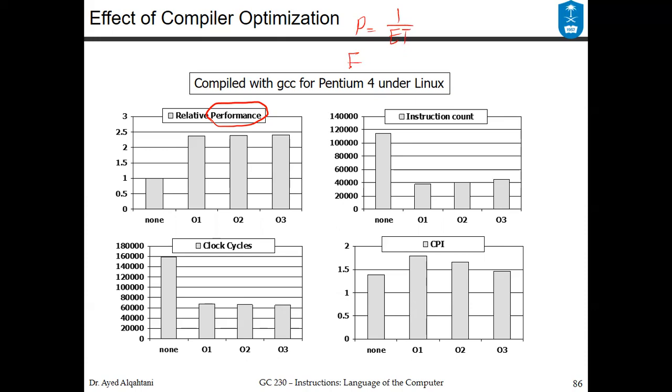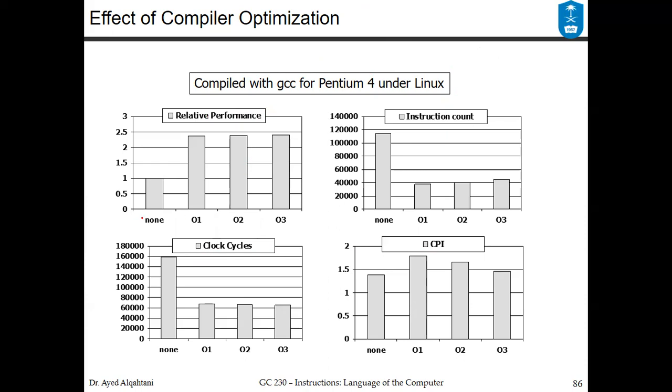And we know that the execution time is the instruction count times the CPI times the CCT, or the clock cycles. And this is why we have the instruction count, the clock cycles, and the CPI, because these are the 3 members of the execution time, and after we take the reciprocal, we get the performance.